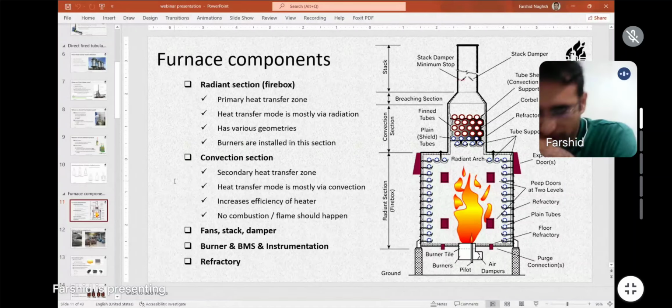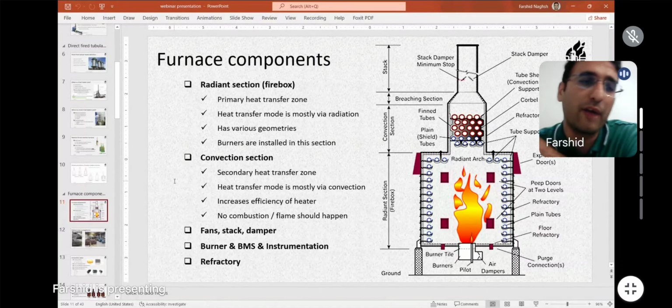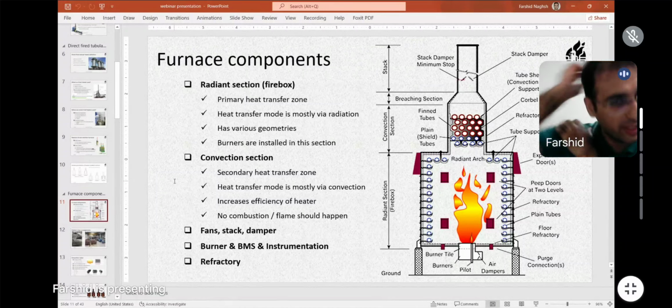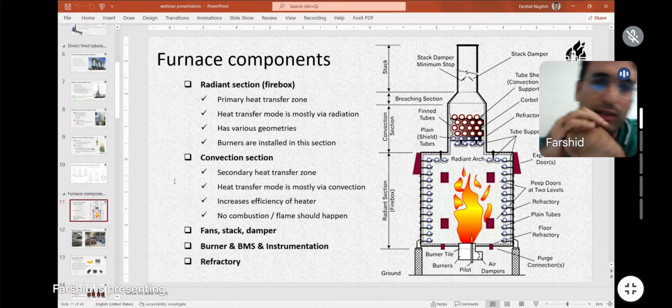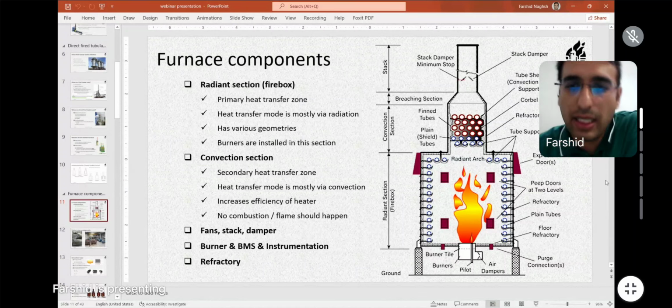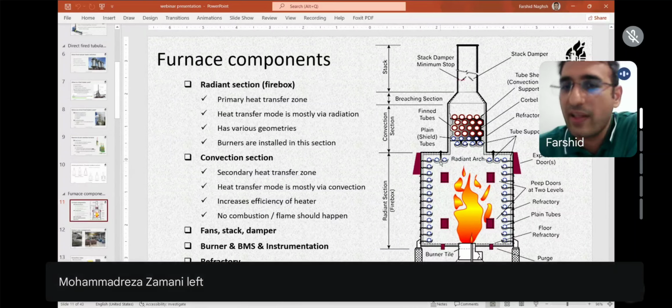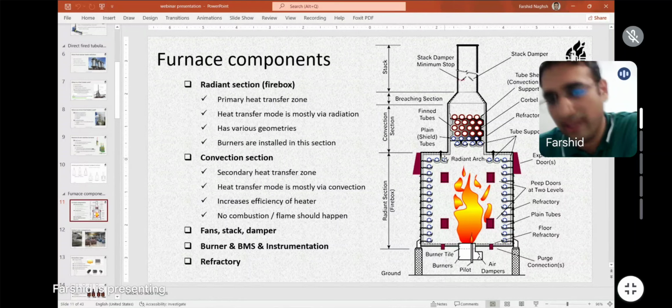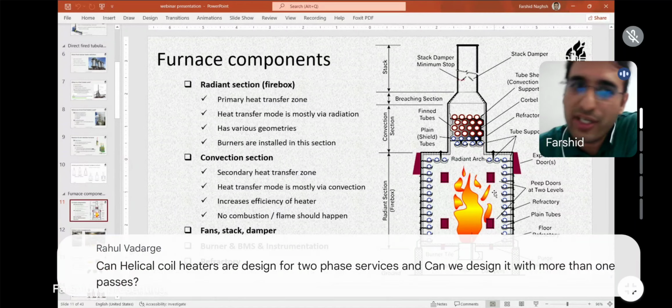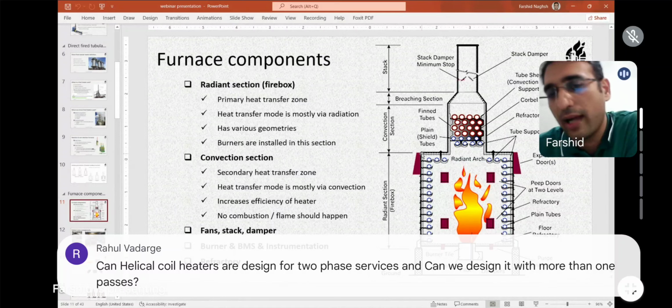Now we reviewed all configurations possible for a direct fired heater. Let's go and review the major components of a furnace. Every direct fired heater, and now I call it a furnace, has three major components.